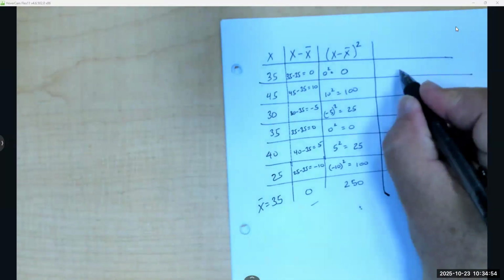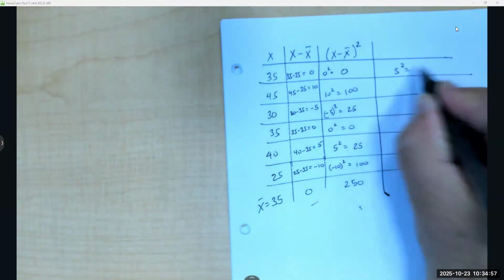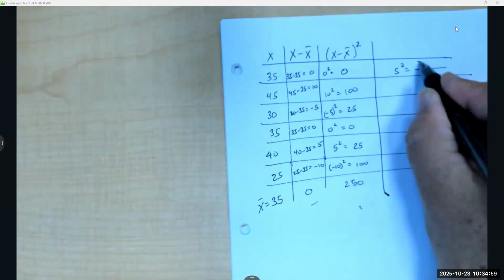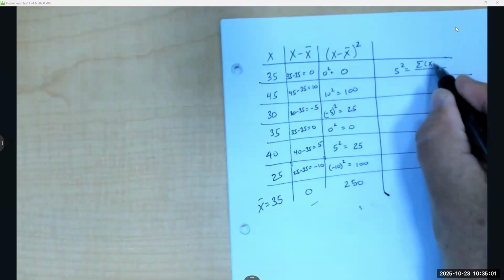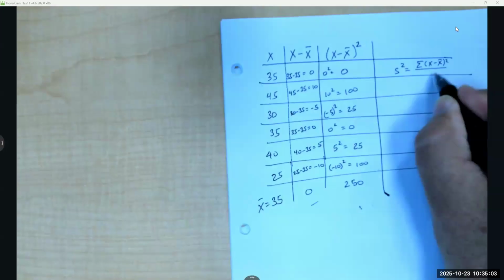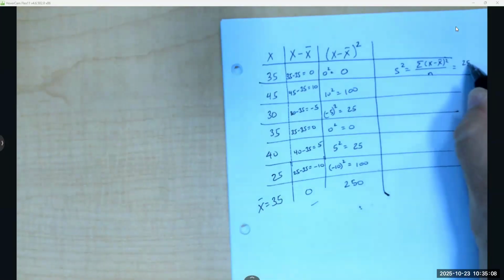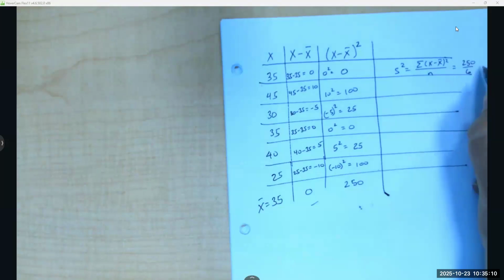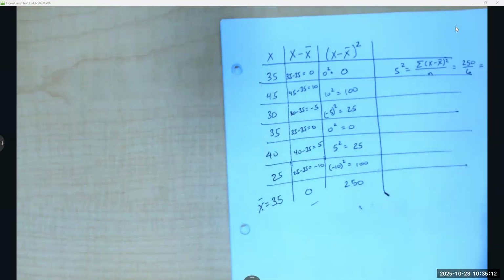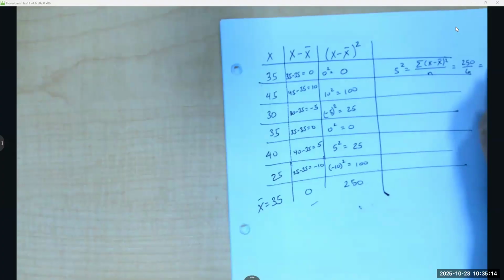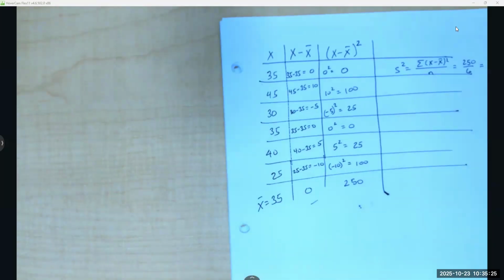So we look for the variance, which is the summation of x minus x bar squared over n. 250 over 6 is what? 41.6 something? So 41.7. It's 0.6666666.